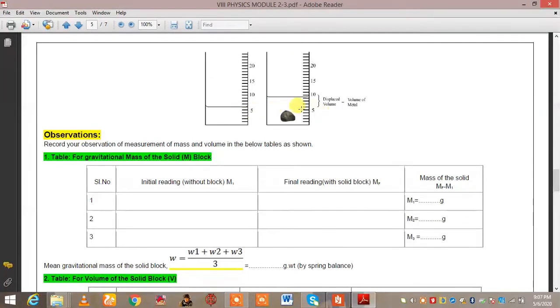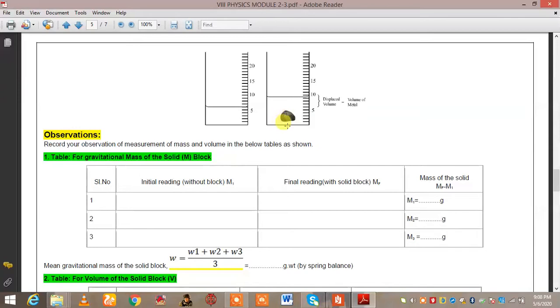the water displacement method, which I was discussing, and how we calculate with it. Suppose I have taken the mass of the stone, which I have noted down. Now this beaker is filled with a certain amount of water and that level is noted. After noting down the level, we will place the stone into it.